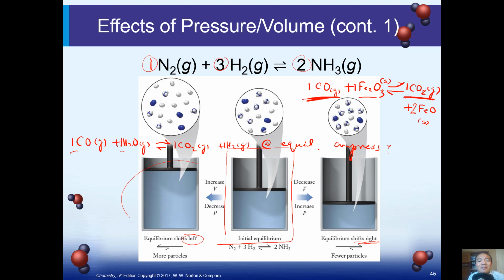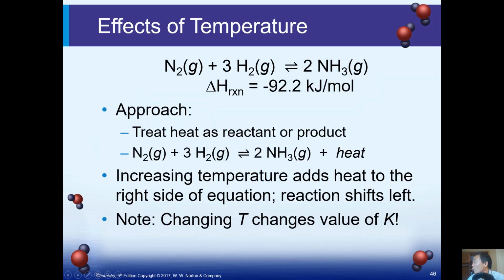Let's do another thing. What if? What's the effect of, let me say, add some Fe2O3? Will this reaction shift or not? Oh, some students might be confused. Oh yeah, you have more reactants, so the reaction is going to shift to the right side.